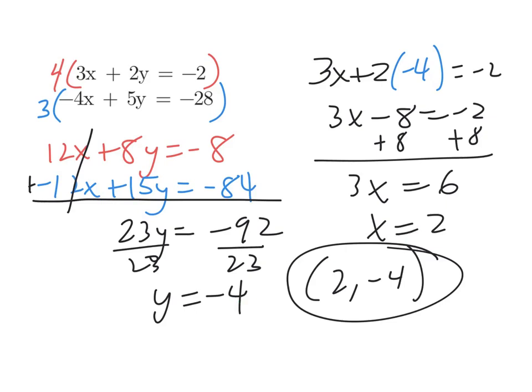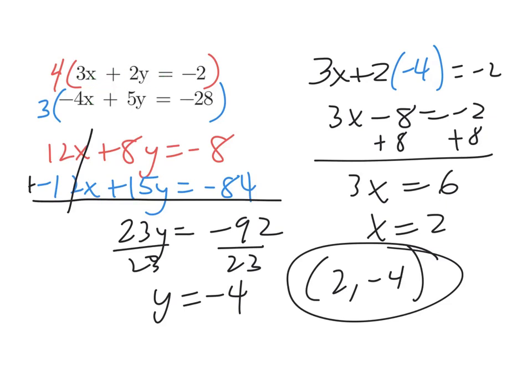If you plug it into one of the original equations, you will find out fairly quickly if you made a mistake. For example, let's say you had this as minus 8 instead of plus 8. You messed up there. That's going to screw everything else up all the way through the end. Except when you plug that number into one of the original equations, it's easier to tell if you made a mistake. That's why I think it's really important to always use the original equation to plug into.